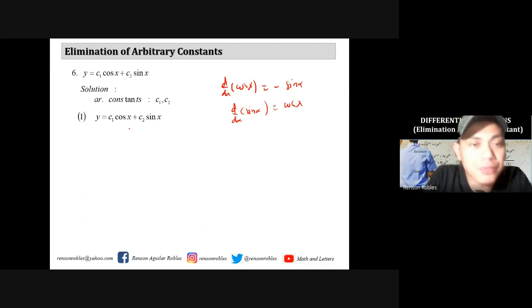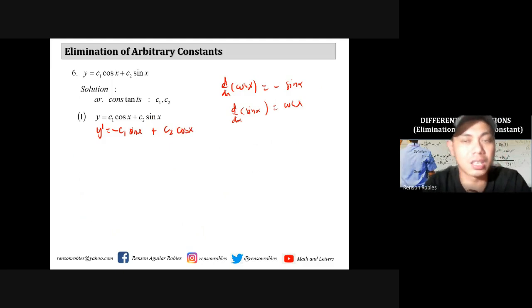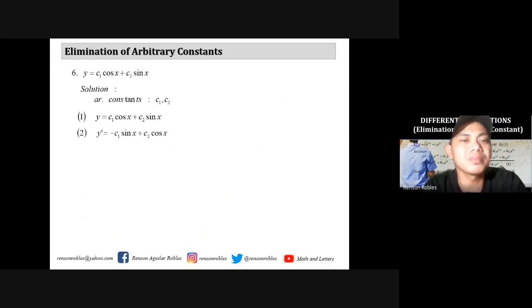Okay, so differentiating, you have y prime equals, copy c1, derivative of cosine x is negative sine of x, copy c2, derivative of sine x is cosine of x. And then we shall have this. Differentiating it again, we have this equation, y double prime equals negative c1 cosine x minus c2 sine x.